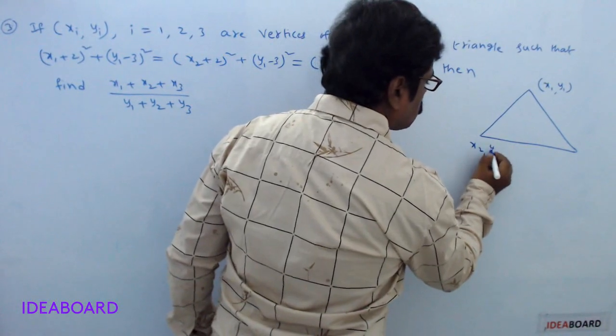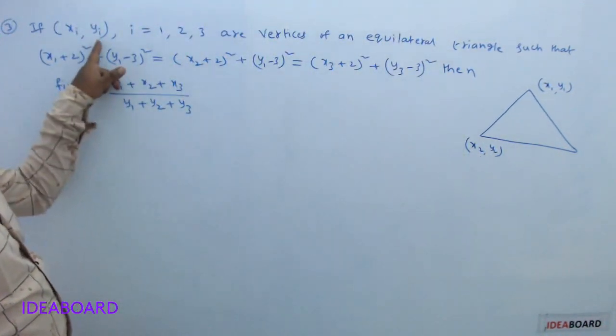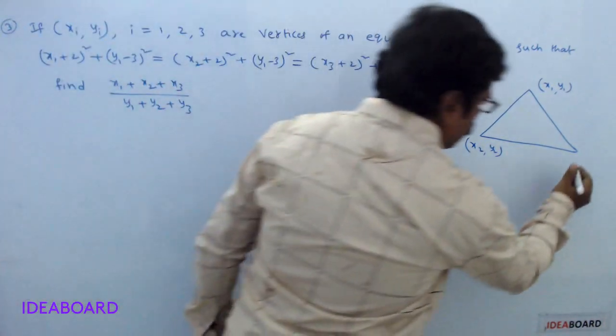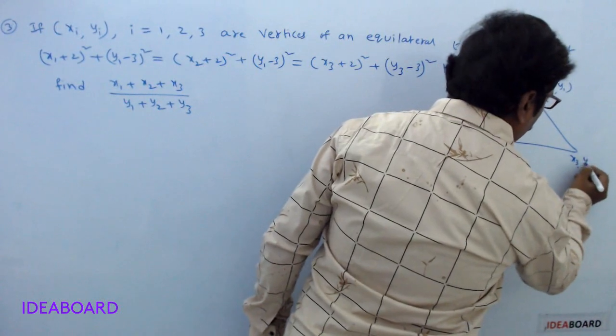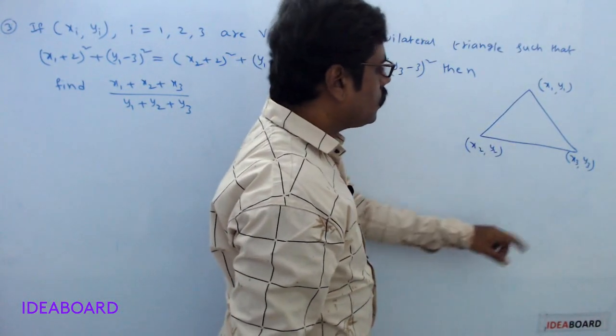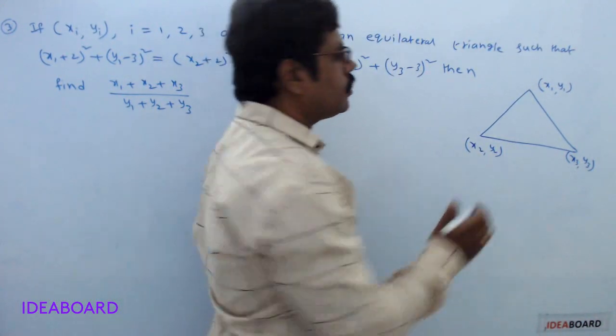So this is x2, y2. By substituting i equals 3, the coordinates are x3, y3. So x1 y1, x2 y2 and x3 y3 are the vertices of the triangle.